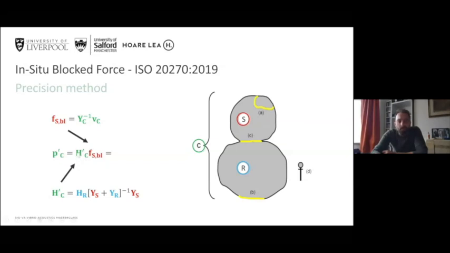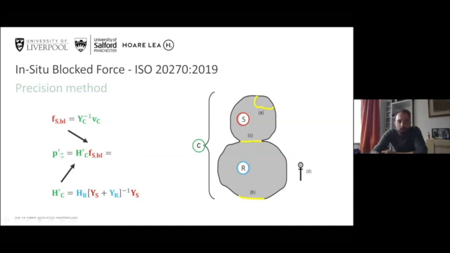This is a property of the assembly again, and this is the sound pressure measured at D. If we multiply the block forces by H_C, which is the relation between C and D, we get the sound pressure at D. In practice, though, if you were to do all those measurements, obtain the block force of the source, and multiply that by H_C to get p_D, why didn't you just measure the sound pressure at D when the source was running, and you'd have obtained that anyway?